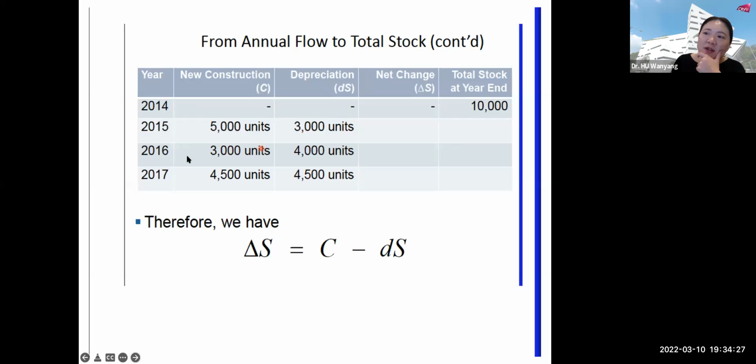In this year, we have a net increase, because we have more new construction than depreciation. But in 2016, we actually have a net decrease because the new construction cannot keep up with the depreciation. In 2017, we don't have any change.